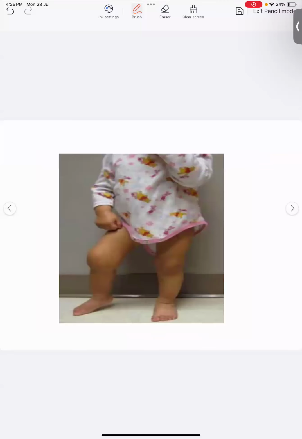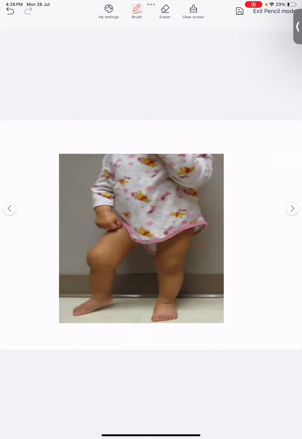Okay. This is the next picture. Okay, now who will describe this picture? Who is this, please? Unmute yourself and describe. Where is the abnormality?